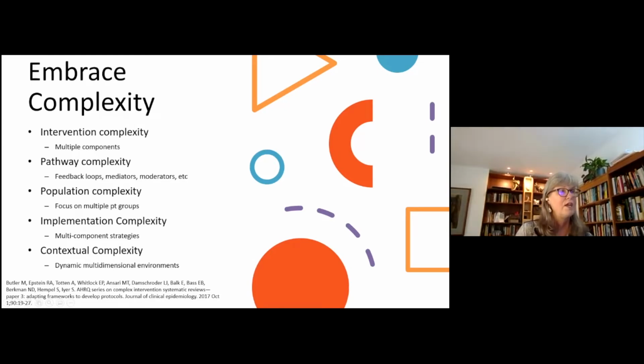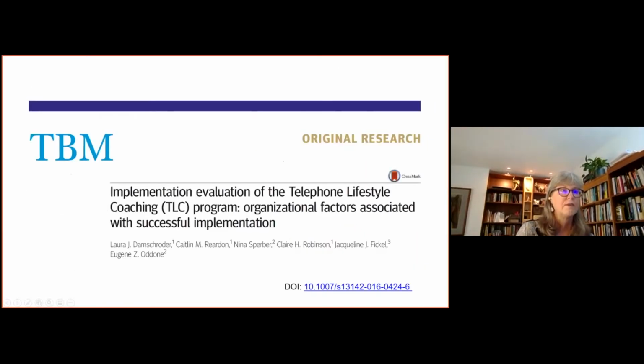These 5 areas, in terms of intervention, pathways of how that intervention works, population complexity, implementation, and contextual complexity, all of these 5 dimensions really are at play within implementation science. It makes our work challenging, but also really exciting in terms of the possibilities and the contributions that we can make. I'm going to walk through an illustrative example.